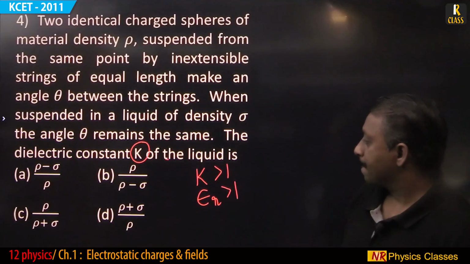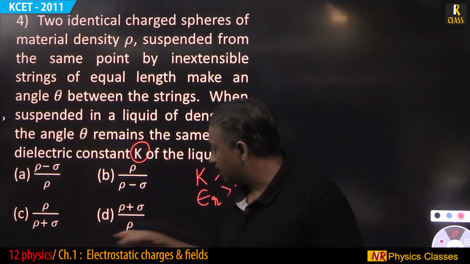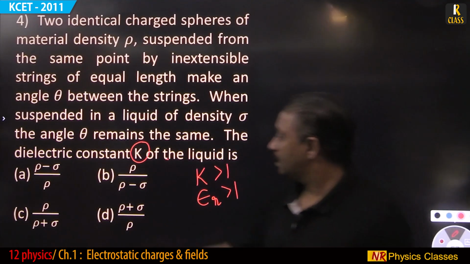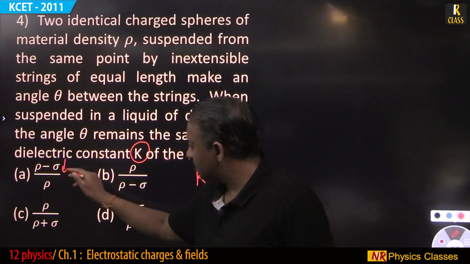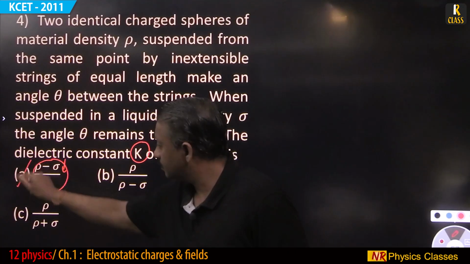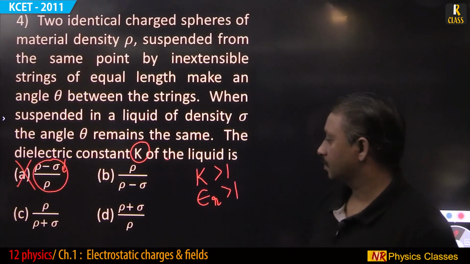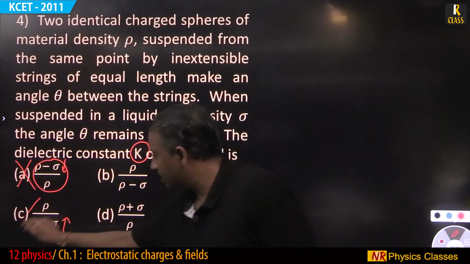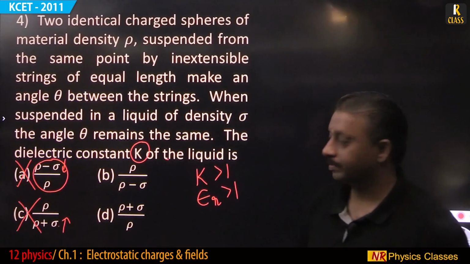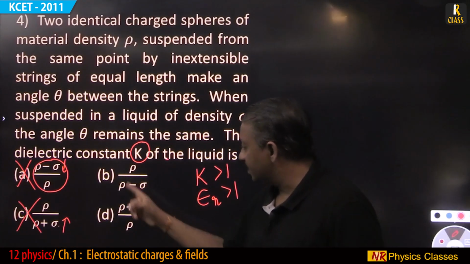Now, observe these four options. Rho minus sigma in the numerator is decreasing, so this is not the answer. Denominator is greater, so this ratio is less than 1. This is not the answer. So we have to find between these two.